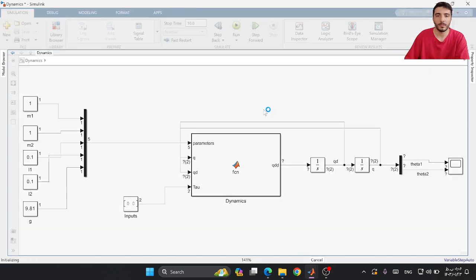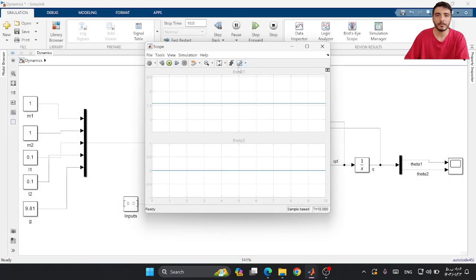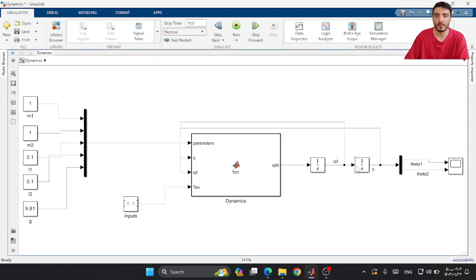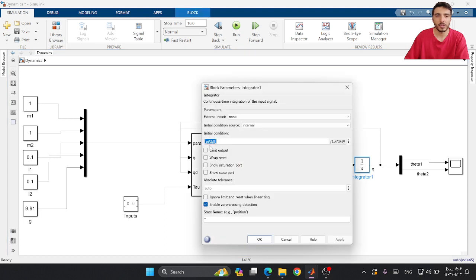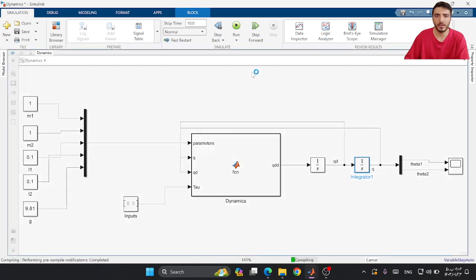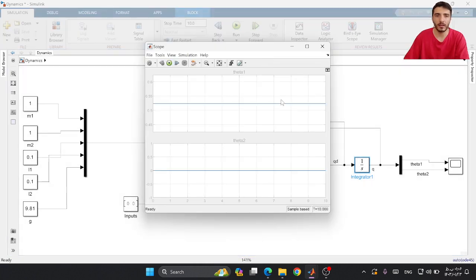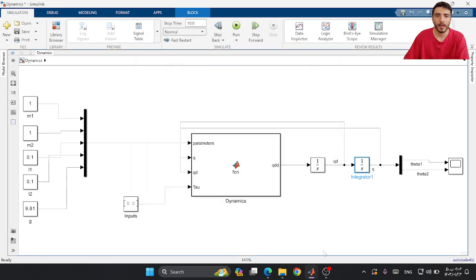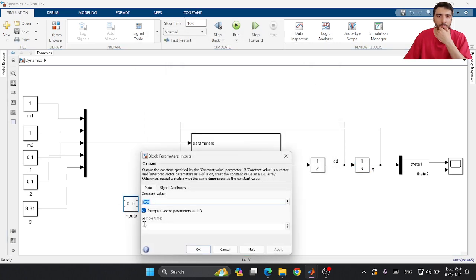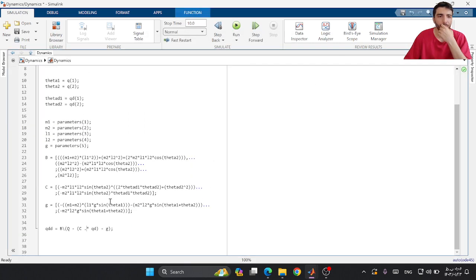And now we run the simulation and we can see that nothing changes. So let's change this to pi divided by 6. I think something is wrong again because it doesn't change. Let's see why.